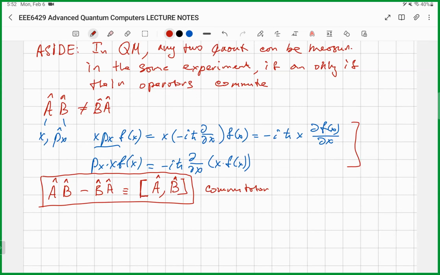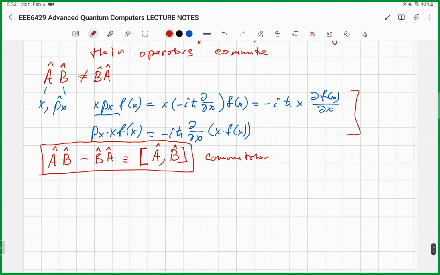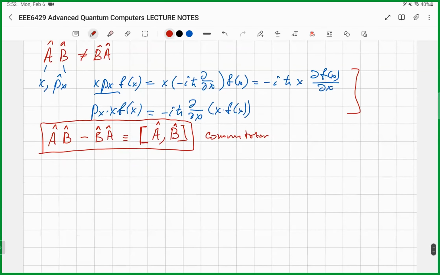That means that you cannot measure them in the same experiment with 100% certainty. So in result, you will have some sort of quantum noise, and we will discuss this a little bit more in what follows too.